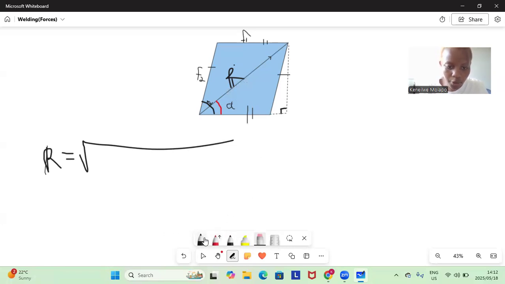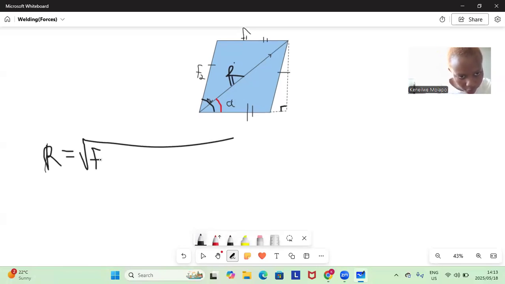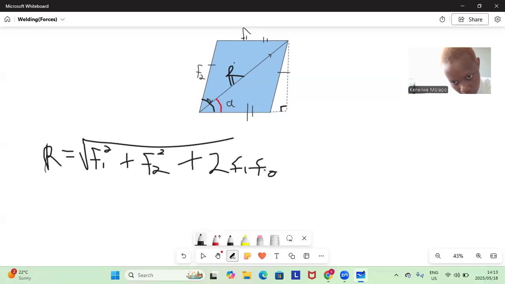So your formula for resultant is R equals the square root of F1 squared plus F2 squared plus 2 F1 F2 cos of angle theta, okay?